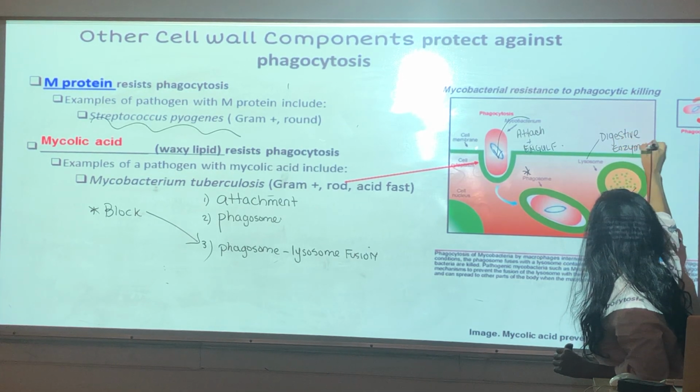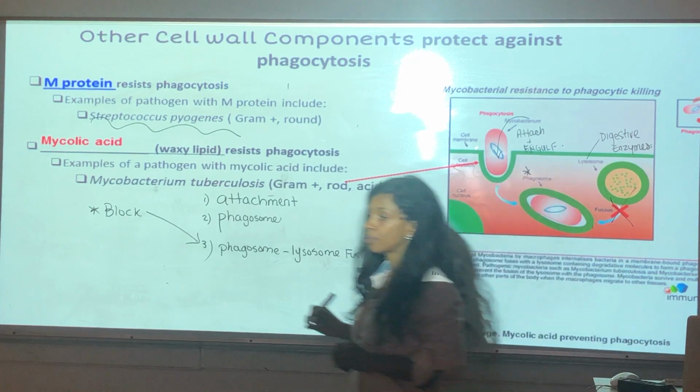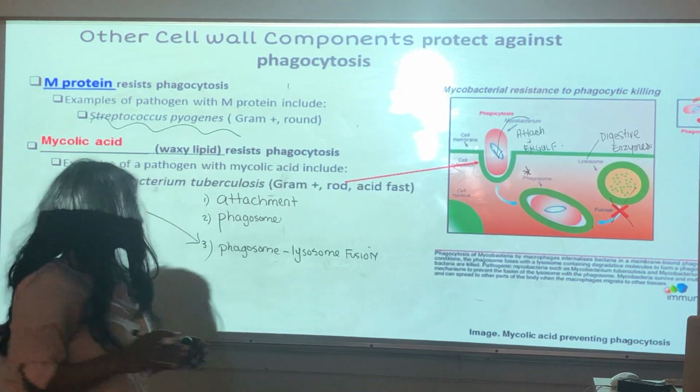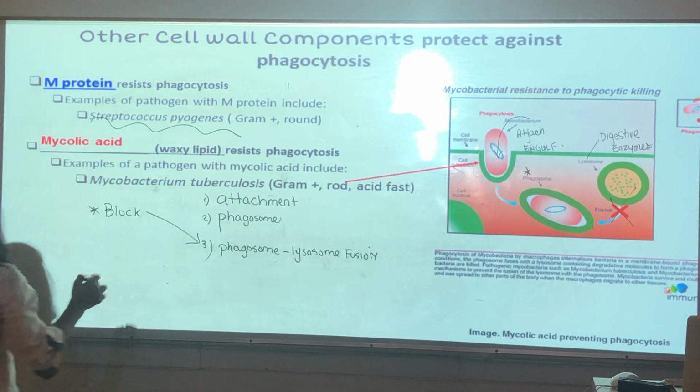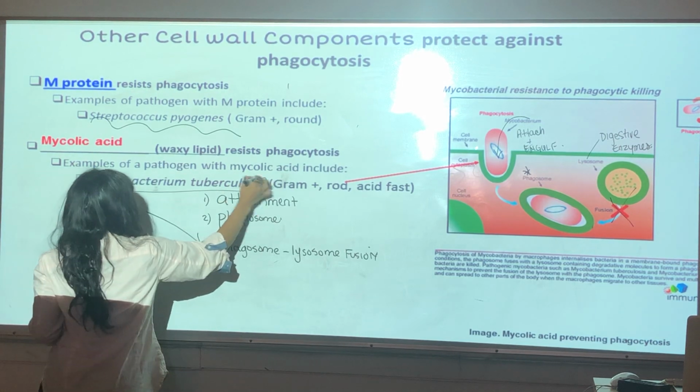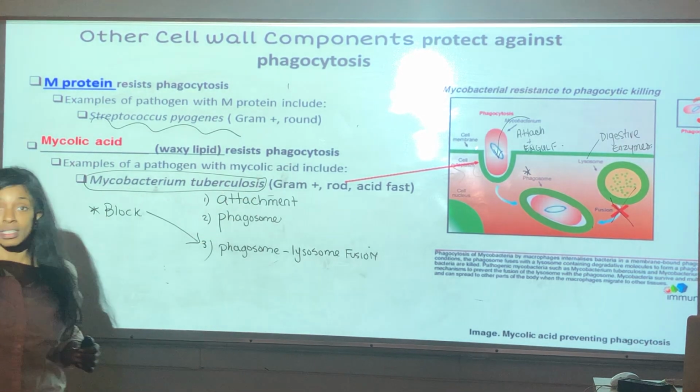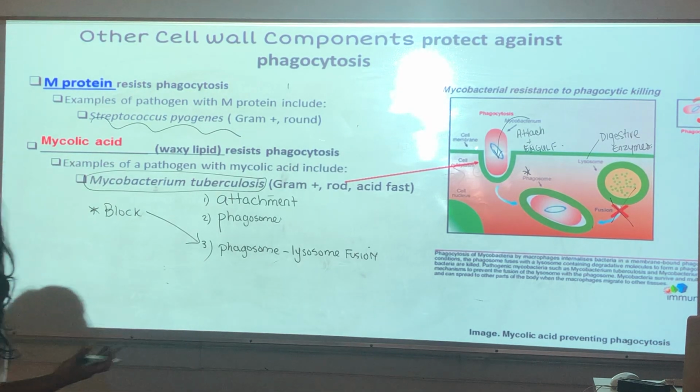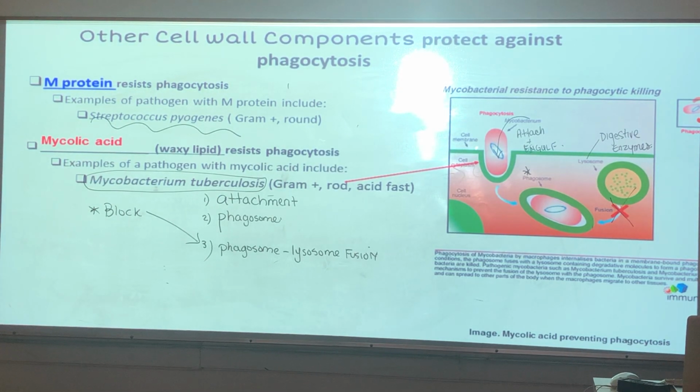And those digestive enzymes are able to degrade Mycobacterium tuberculosis if they did not have mycolic acid. But since they have mycolic acid, Mycobacterium survives because the lysosome never digests it.